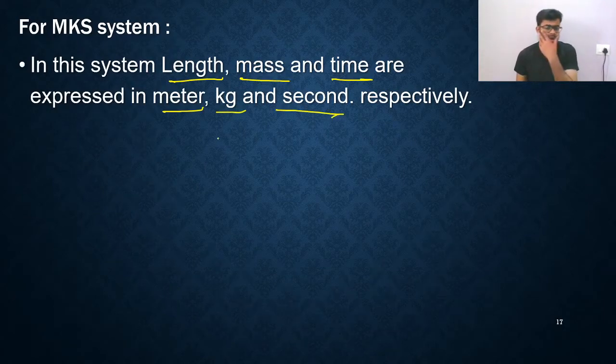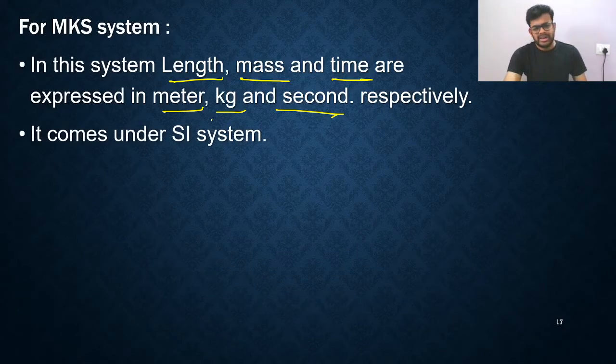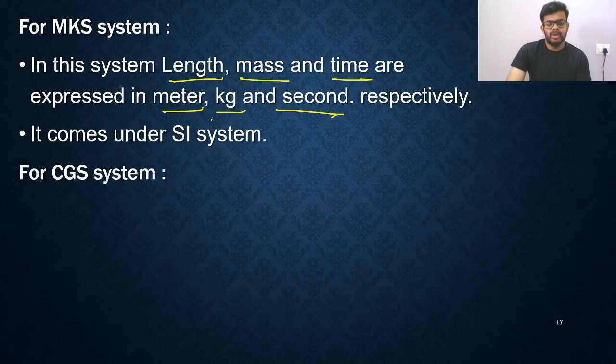So MKS is just similar to SI. MKS comes under SI. Meter, kilogram, and second: these are the MKS unit system. All of you know this, right? For length, you will use meter. For mass, you will use kilogram, and for time, you need to use second. So this is MKS. Next, I will talk about the CGS system.